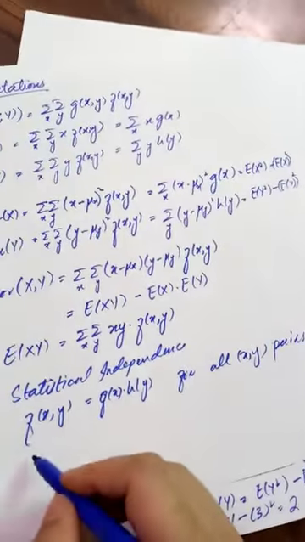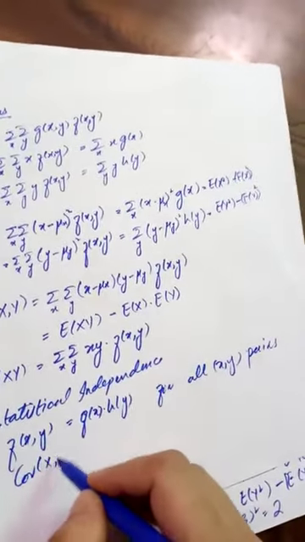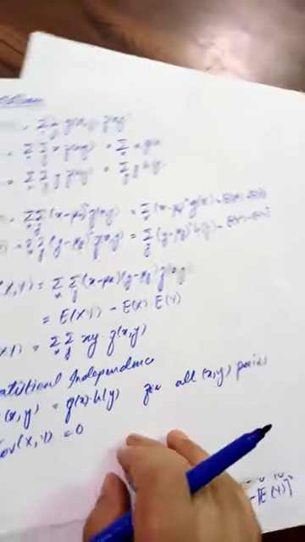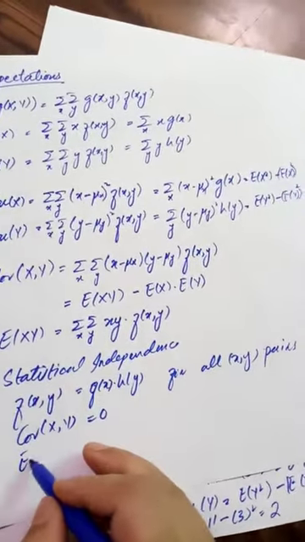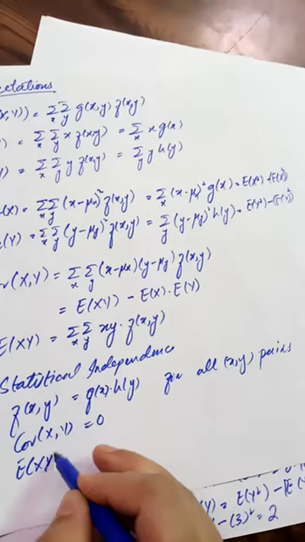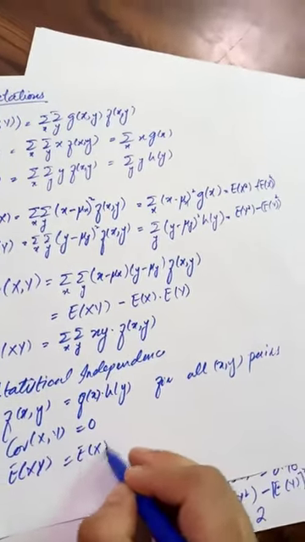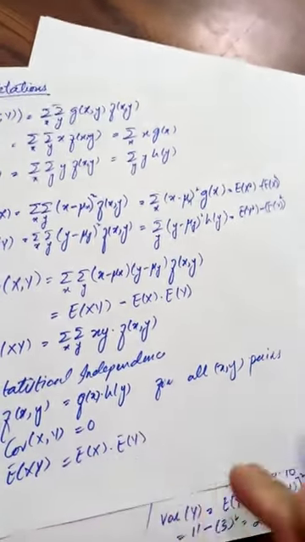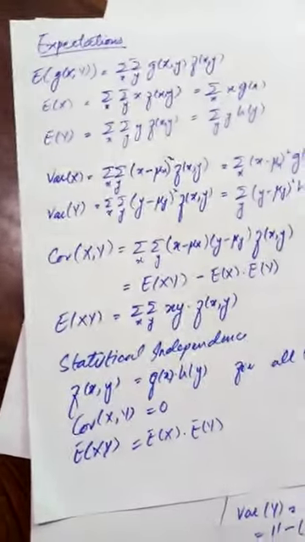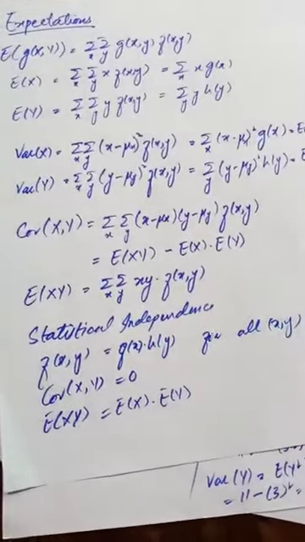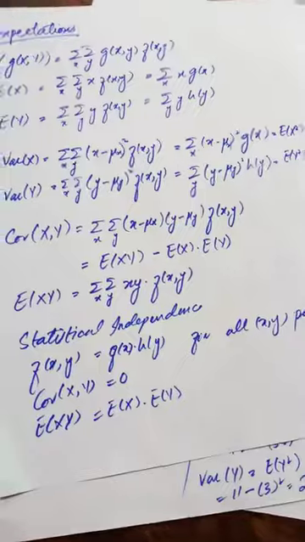The second condition we observed is covariance of x and y is equal to 0, and the third is expected value of xy is equal to expected value of x into expected value of y. So we can use any of these three conditions to check the independence of two variables x and y.